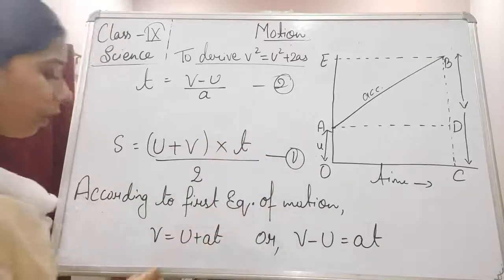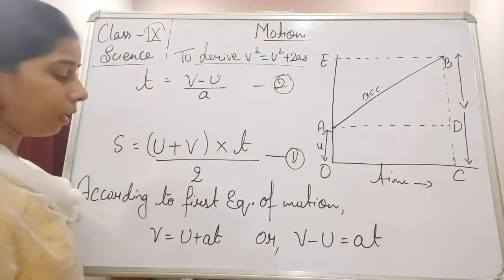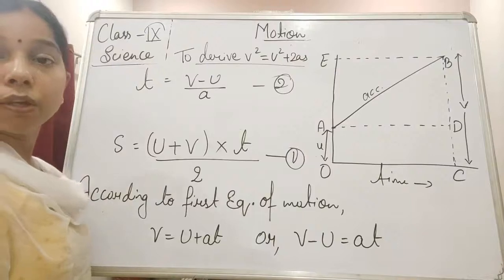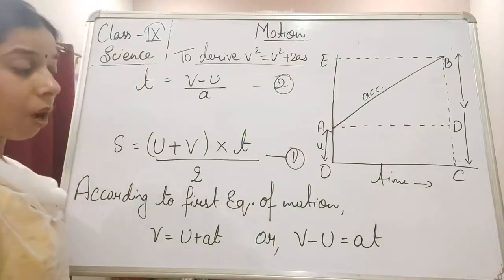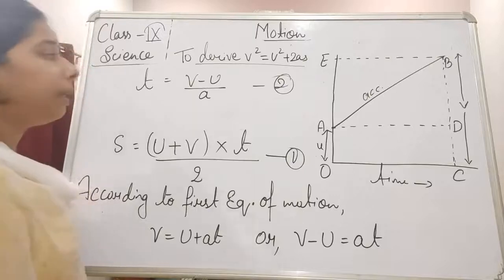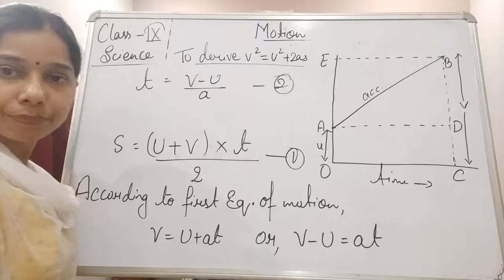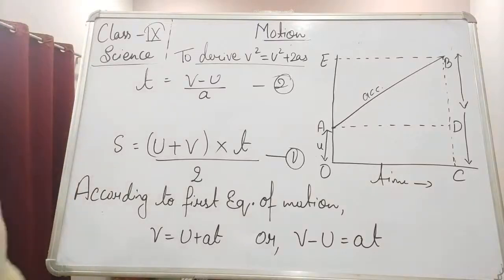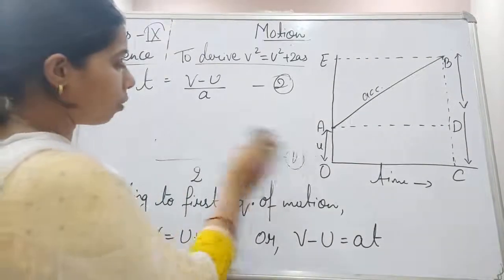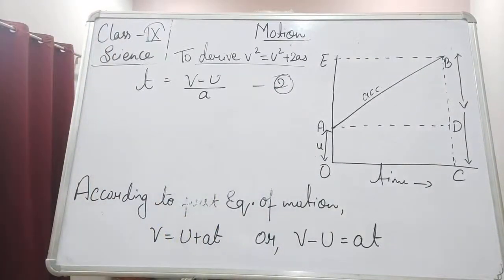For that we used the first equation of motion, which says that v is equal to u plus at, or v minus u is equal to at, or t is equal to v minus u upon a. Now putting the value here, I am rubbing it so that I can write it again.